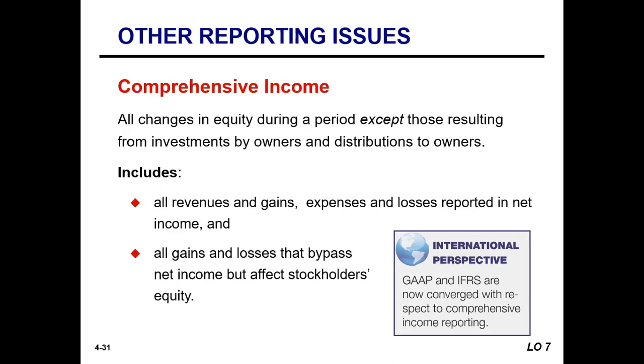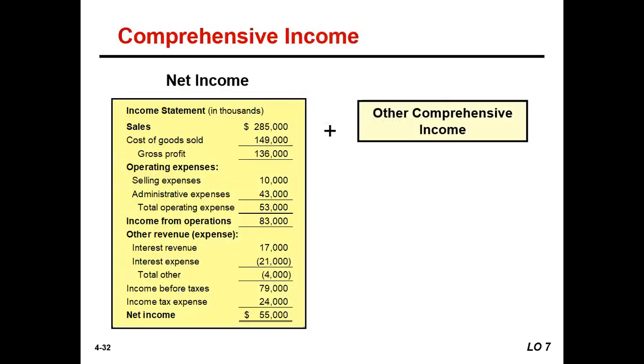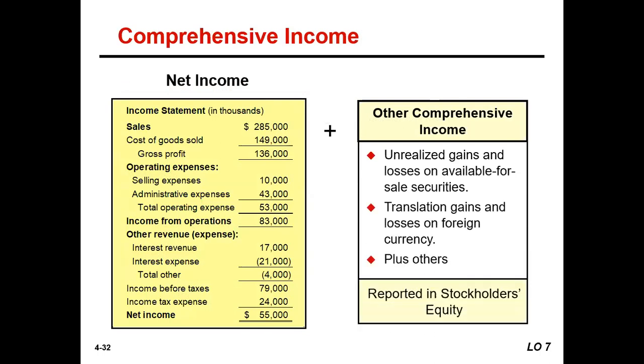So all gains and losses that bypass net income but affect stockholders' equity. And so we see here comprehensive income includes not only net income, but any unrealized gains and losses on available for sale securities, translation gains and losses on foreign currency, and other special situations like that, right?